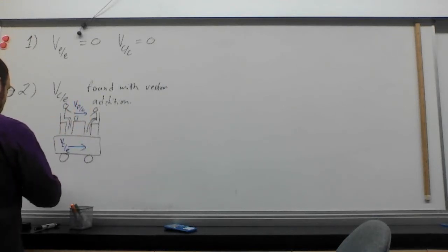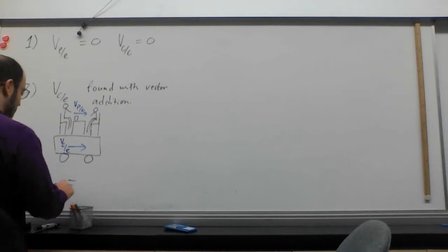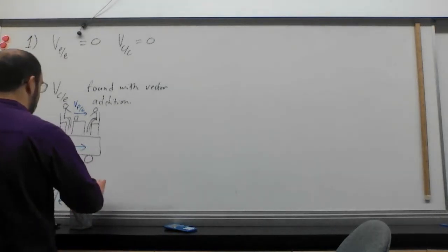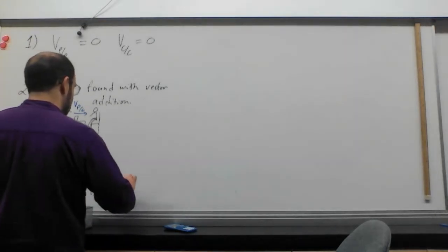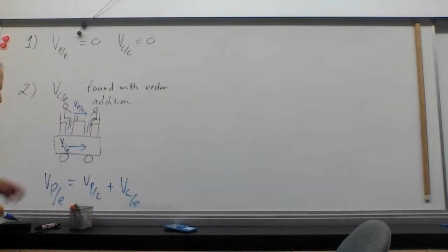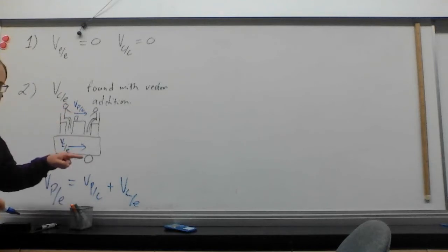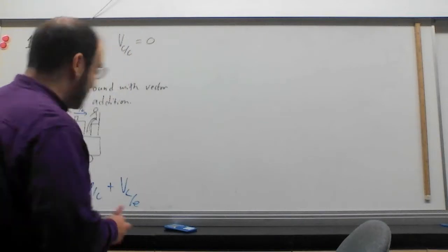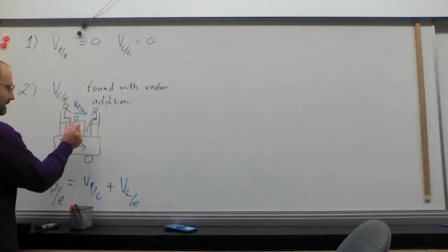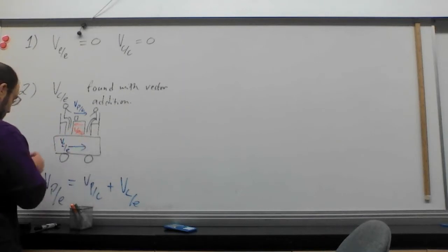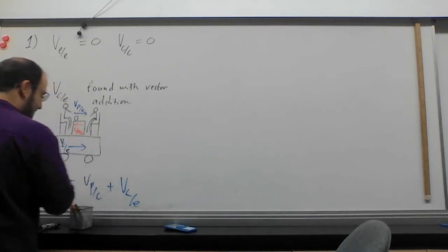So the velocity of the puck with respect to the Earth, we're going to find it with vector addition. Puck, car, plus car, Earth. Ta-da! It's added. Why? The two vectors point in the same direction. Now, if one of the vectors was pointing the other direction, let's say this way, then I don't add them anymore.